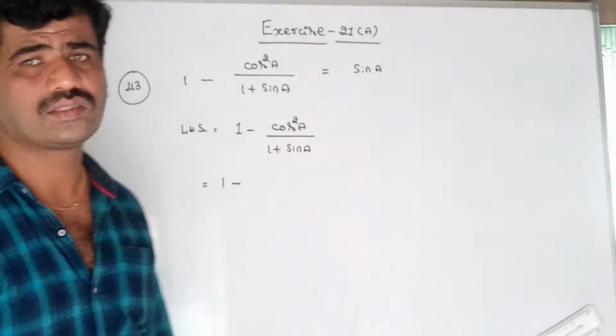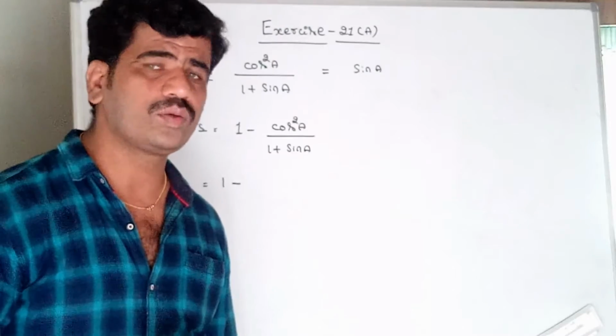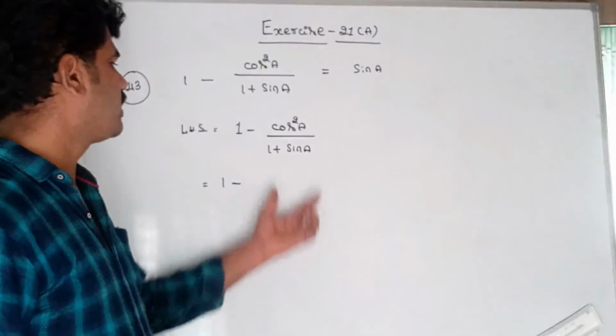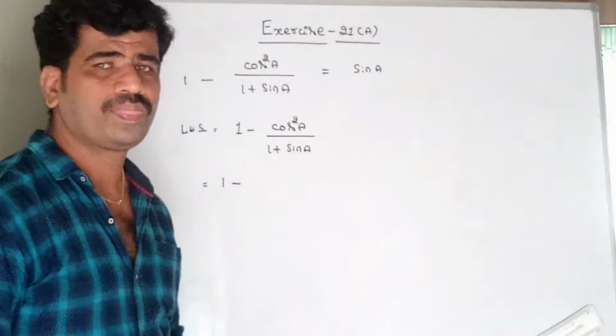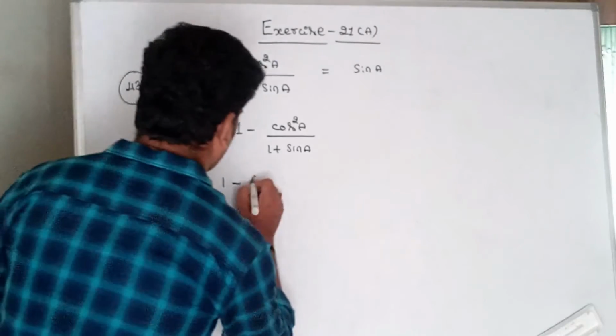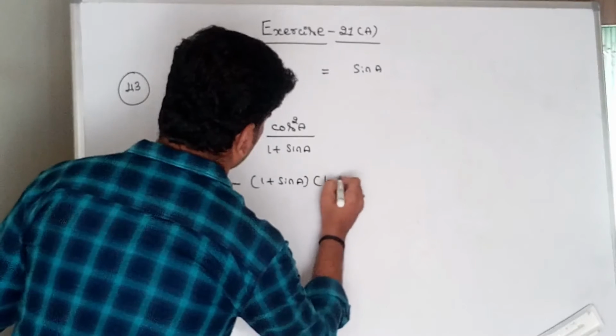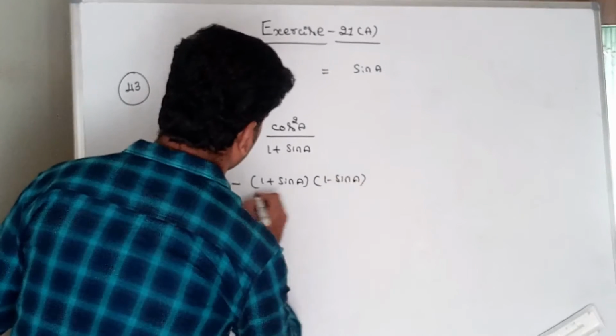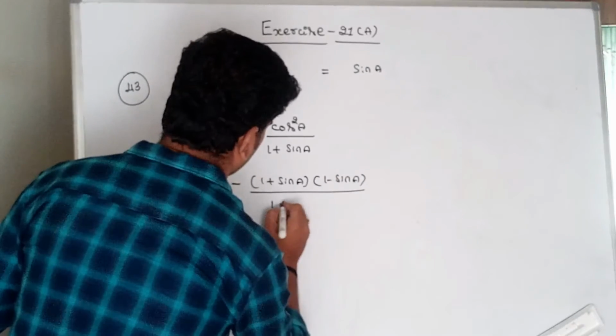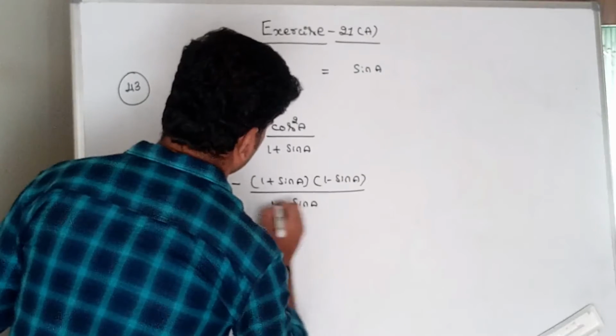Cos square can be written as 1 plus sin A into 1 minus sin A. Why have I taken this? Because the denominator has 1 plus sin A. So it can be written as 1 plus sin A into 1 minus sin A divided by 1 plus sin A.